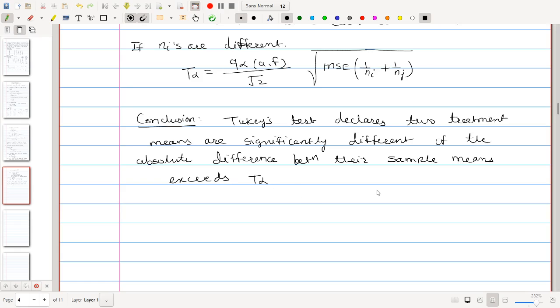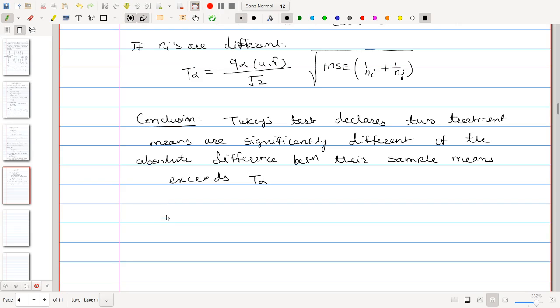If the absolute difference between any two sample means exceeds T alpha, then we can say the corresponding treatment means are significantly different, meaning the corresponding means are not equal. If the absolute difference is less than T alpha, then we can say the pair of means are equal.